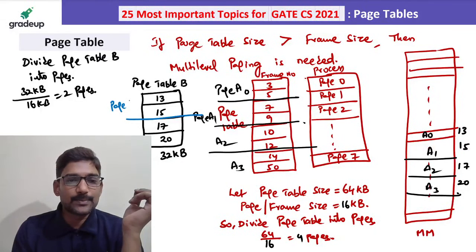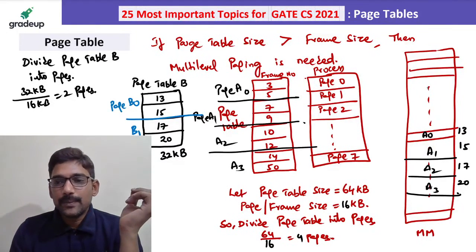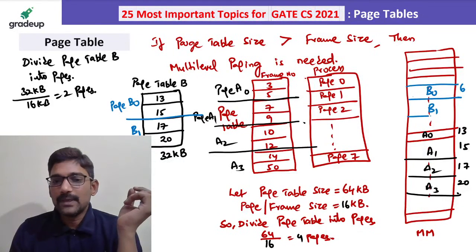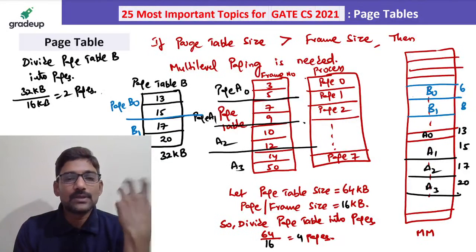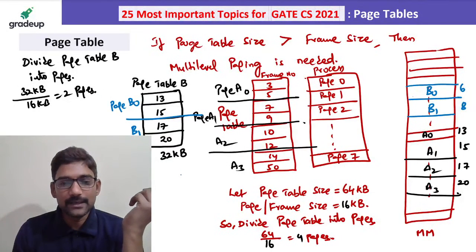So let's say this is page B0, this is page B1. B0 is stored in frame 6, B1 is stored in frame 8. So this information is also maintained in one page table.